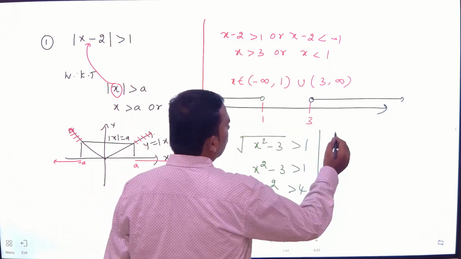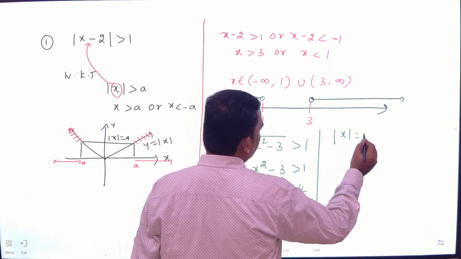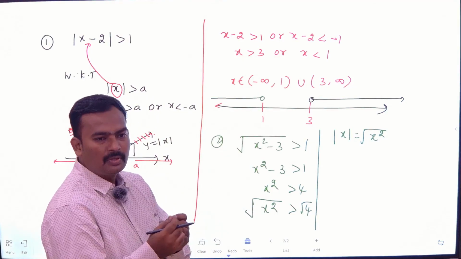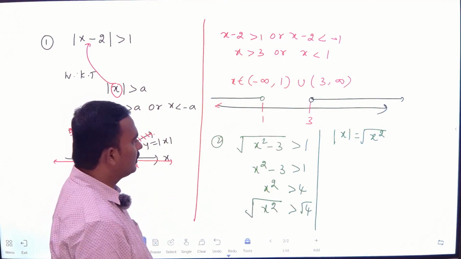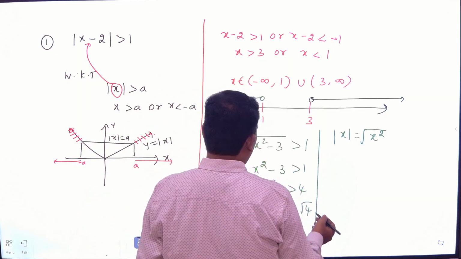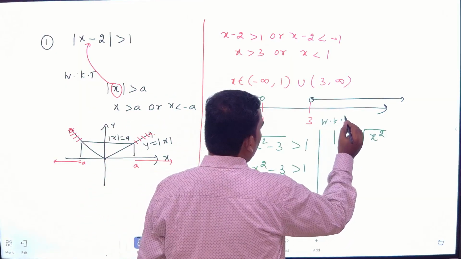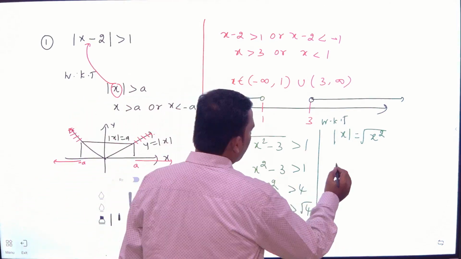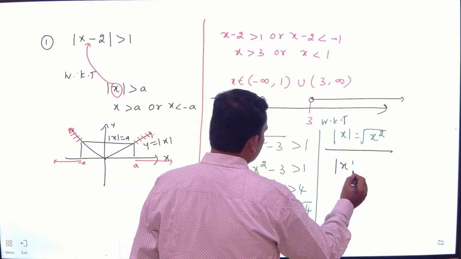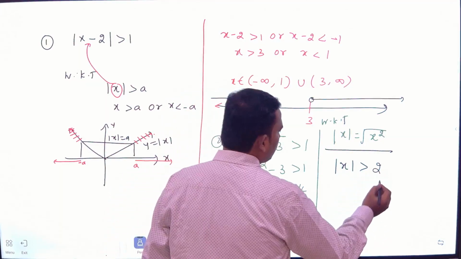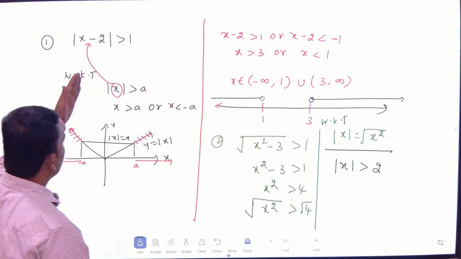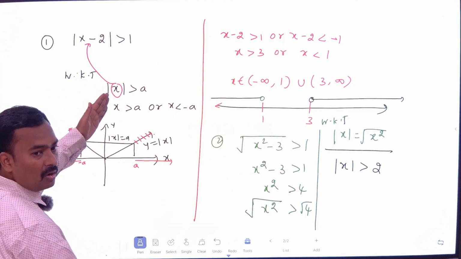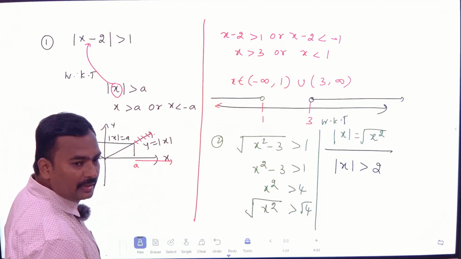But we know that the square root of x square is mod x, the distance from x to the origin. So mod x is greater than square root of 4, which is 2. Now use the same definition: mod x greater than a means x is greater than the right side, or x is less than the negative of the right side.